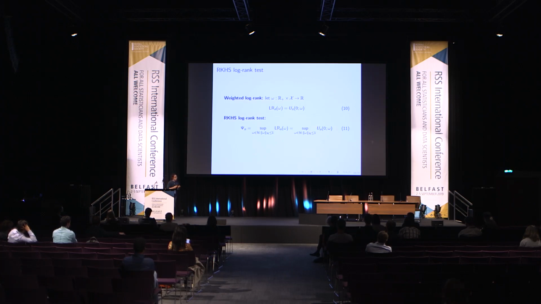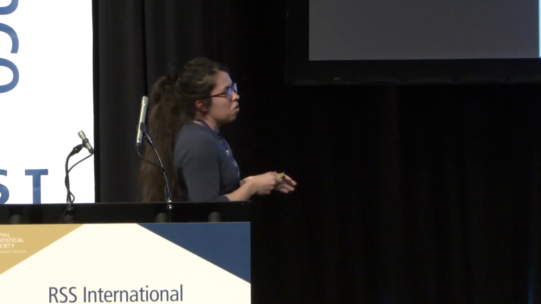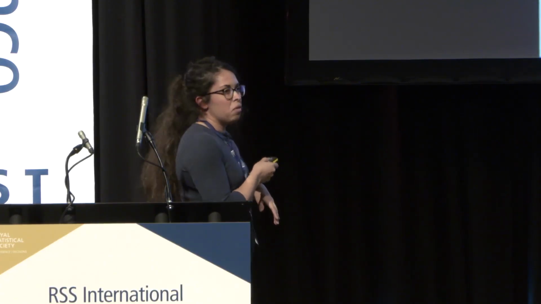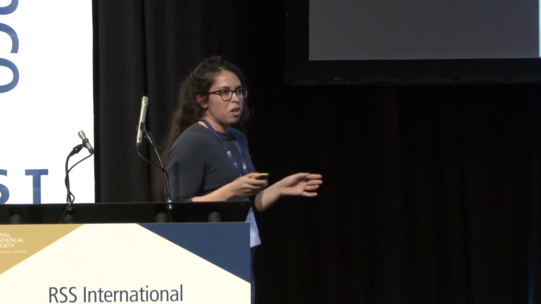Because we don't really know which parametric model is the good one, we are going to take the supremum over the unit ball of this Hilbert space. So we are going to take all these parametric models at the same time.